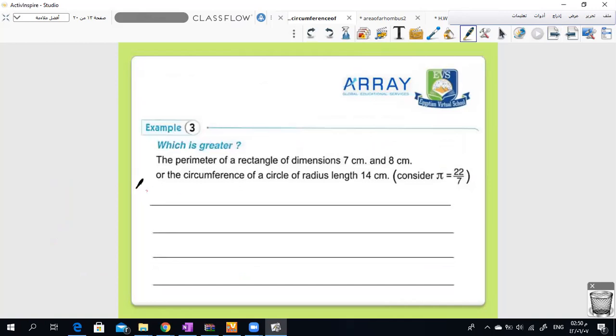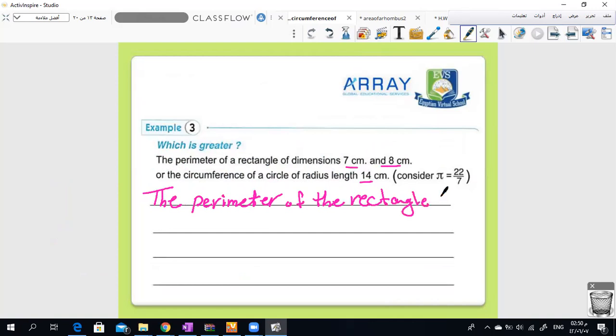Now, which is greater: the perimeter of a rectangle with dimensions 7 and 8, or the circumference of a circle of radius 14? So first I will calculate the perimeter of the rectangle. Do you remember what the perimeter of the rectangle is?